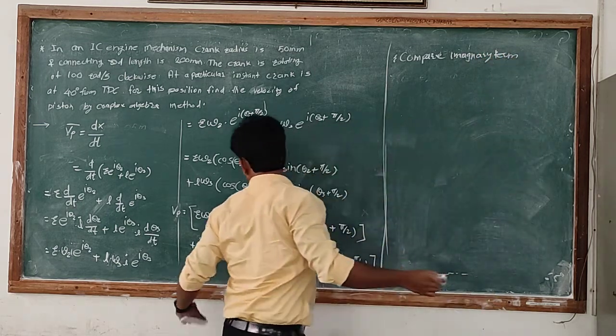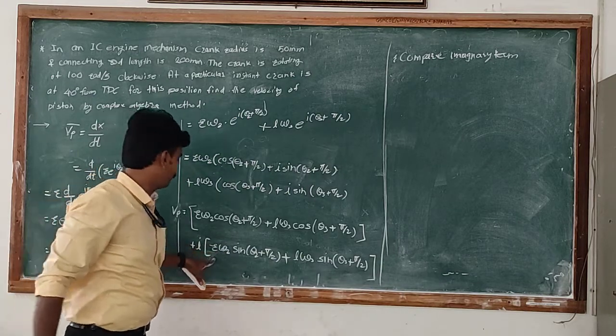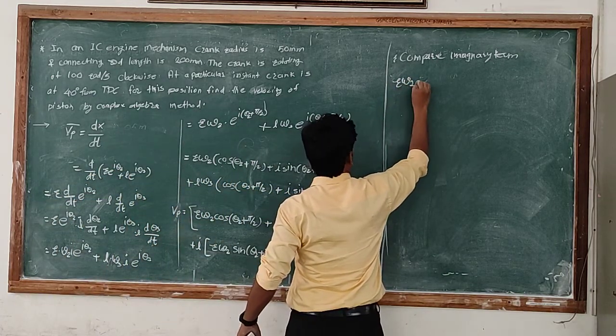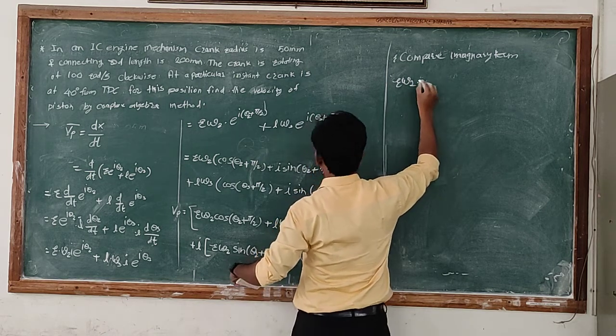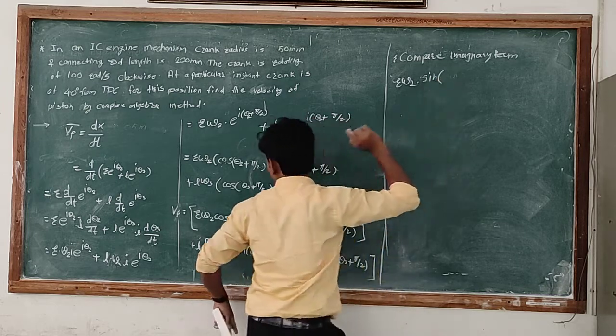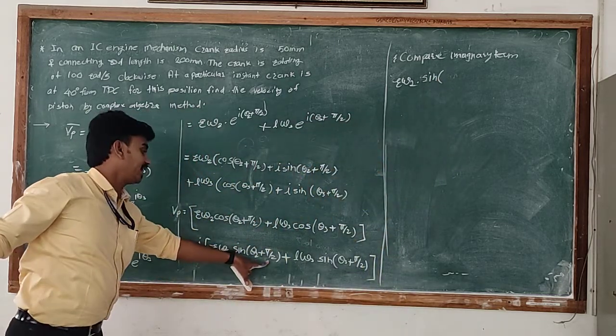If we compare the imaginary term, we will get r into omega 2 into sin of (theta 2, which is 40 degrees, plus pi by 2).